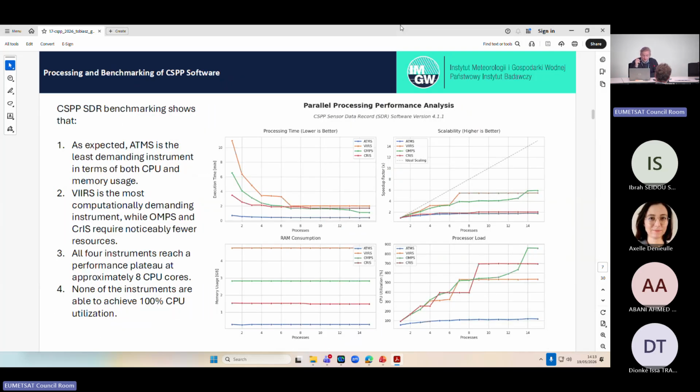And this is the result. What we can see is that for the ATMS instrument, only one processor is required to compute.